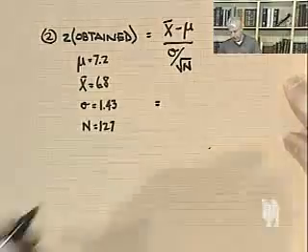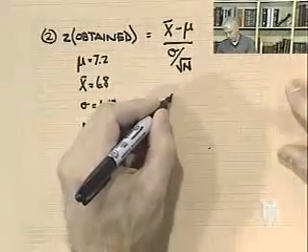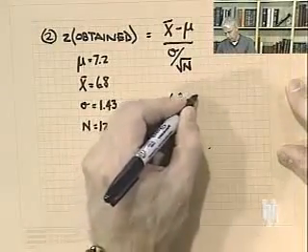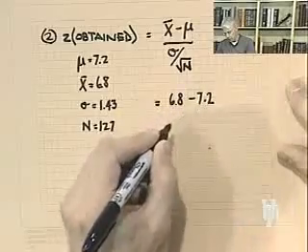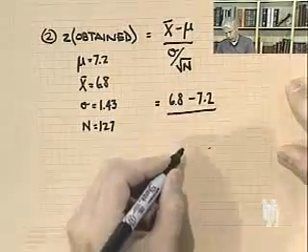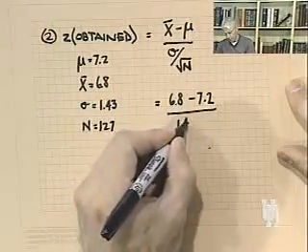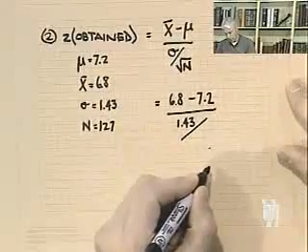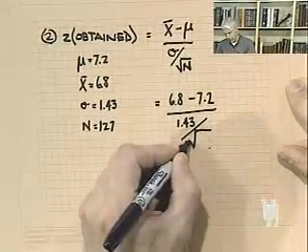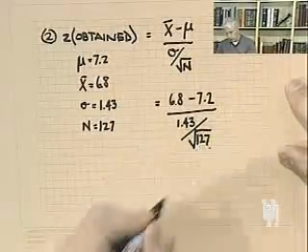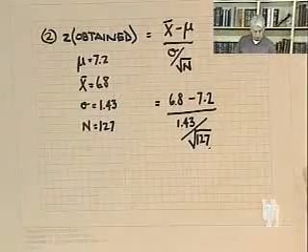And if you simply plug in the numbers now, x bar is 6.8 minus mu, which is 7.2, divided by sigma, which is 1.43, divided by the square root of n, which is the square root of 127.